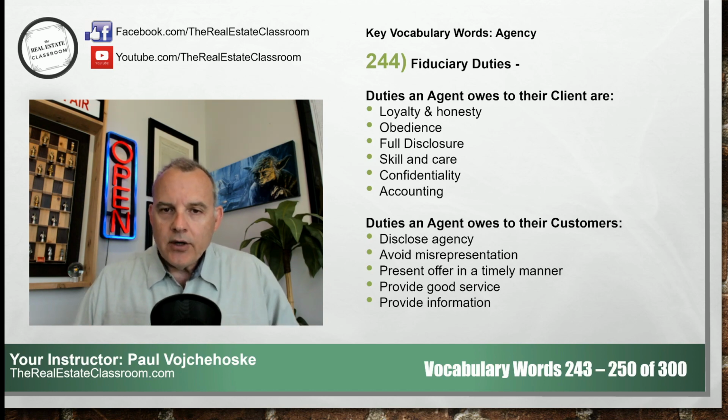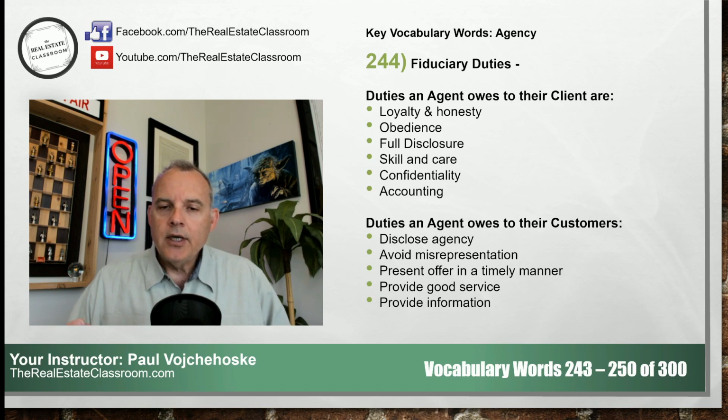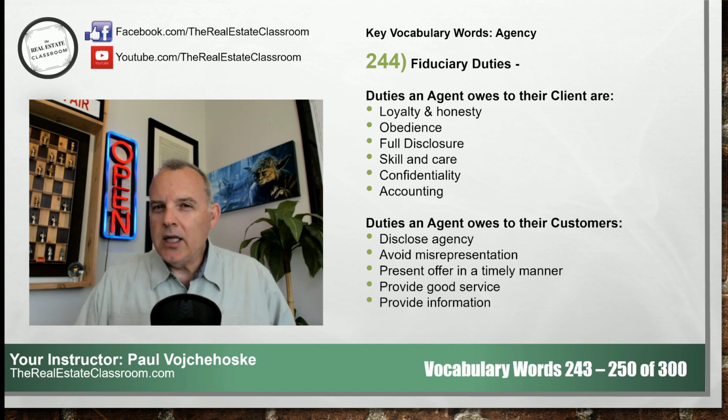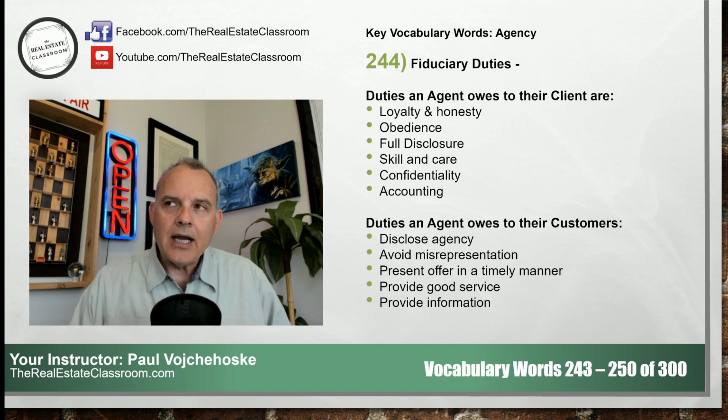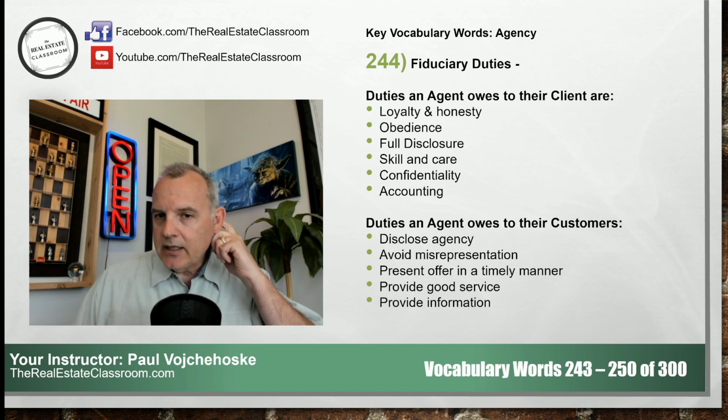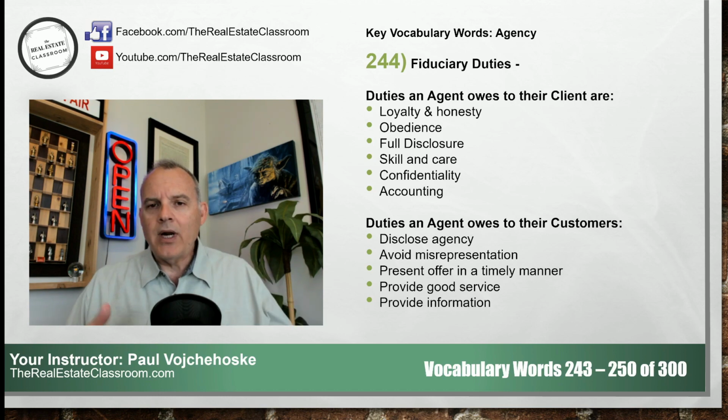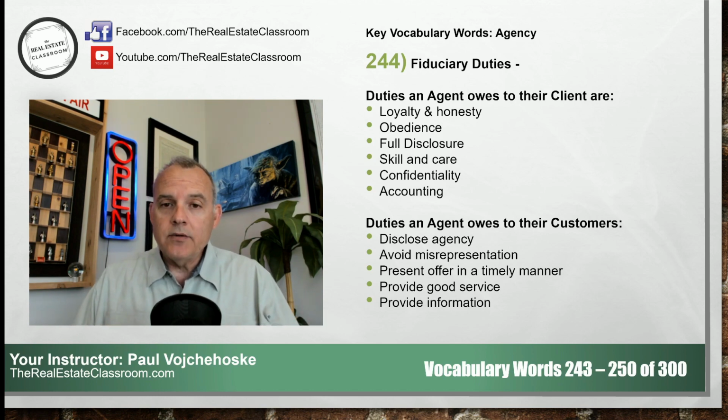And those fiduciary duties are loyalty and honesty, obedience, full disclosure, skill and care, confidentiality, and accounting. Now, these terms may vary a little bit, at least in how they're identified, depending on the state that you're in. But most states follow this: loyalty, obedience, full disclosure, skill, care, confidentiality, and accounting. We're not going to go into what each one of those means, because I've already done videos on that.